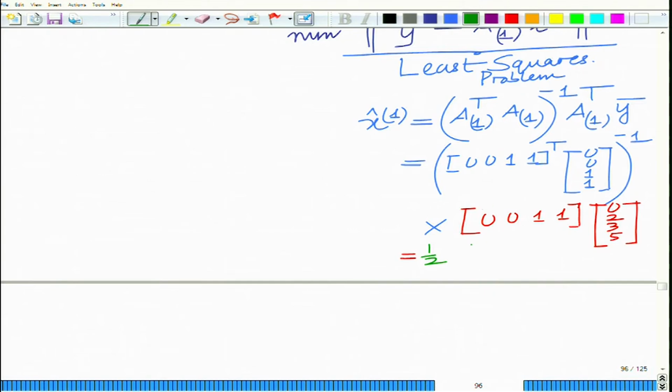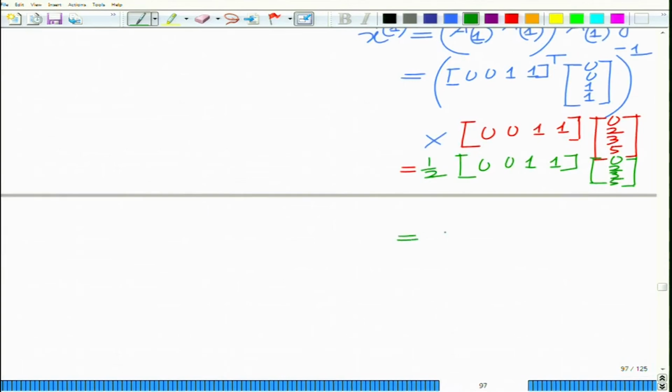So, inverse of that is half times 0 0 1 1 times 0 2 3 5. So, this will be half into 8 equal to 4. Okay. So, this is your x hat 1.